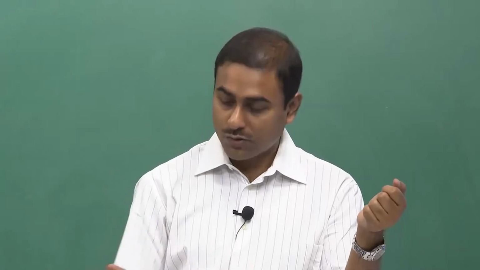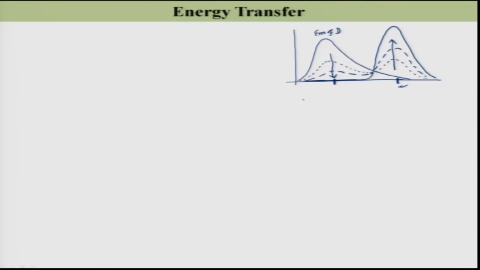The efficiency E is typically written as 1 minus I_DA by I_D. You see here, when I_DA, the intensity of donor in presence of acceptor, is the same as I_D, there is no change in the emission intensity.